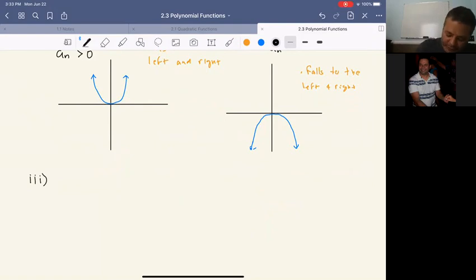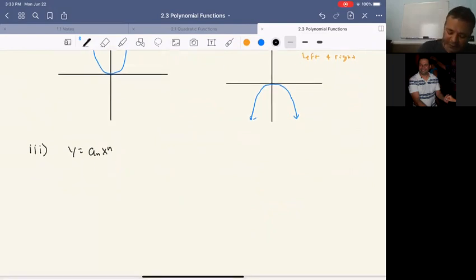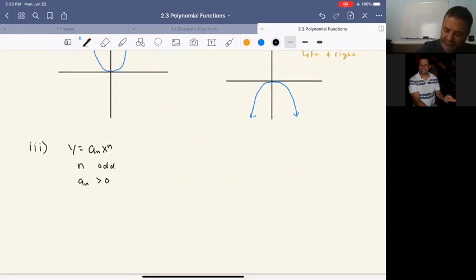Third, again, it's y equals a n x to the n. This is, again, just end behavior. If n is odd and a n is bigger than 0, then it's going to look very similar to, let's say, an x cubed graph.